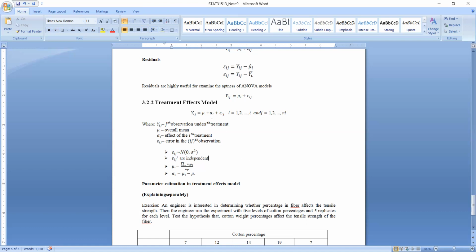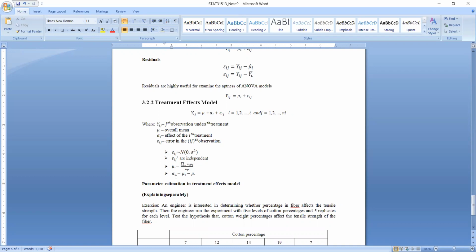But here you can see we have now two new parameters, that is mu dot and alpha i. So when it comes to the overall mean, you can use this formula to calculate it. If you have the mean for the ith treatment, since you have ni number of replicates under the ith treatment, we multiply mu i by ni, and then we divide it by the total number of observations, Nt.